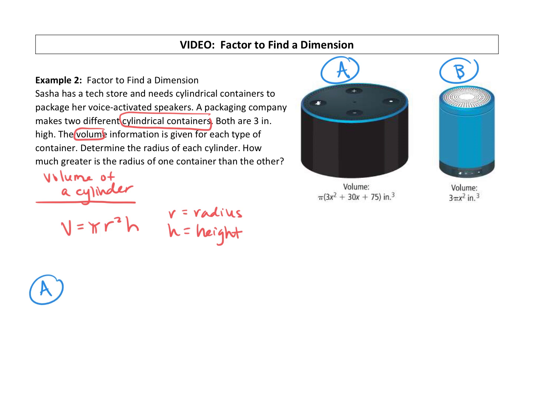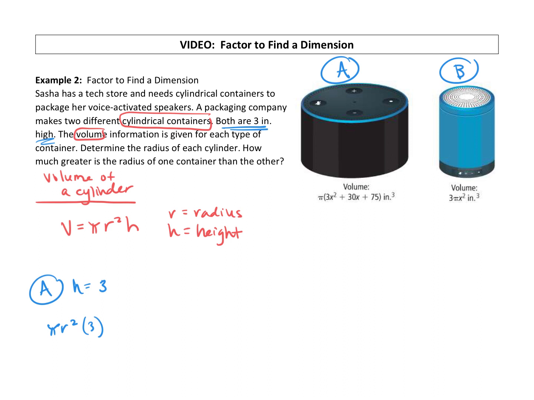Now we know that the volume formula is pi r squared times h, and we know that the height of both containers is 3 inches. So we're going to plug in a 3 for the height in our volume formula: pi radius squared times 3.